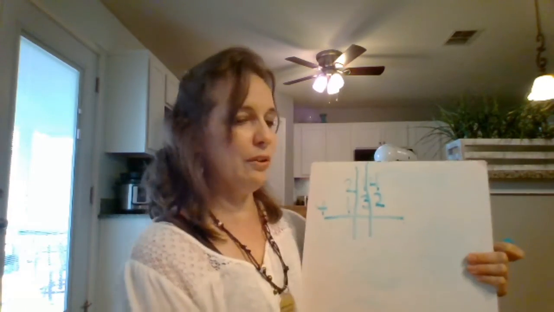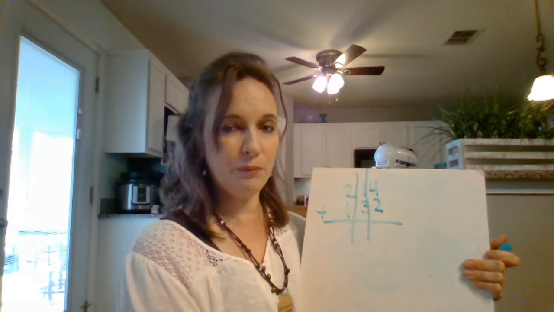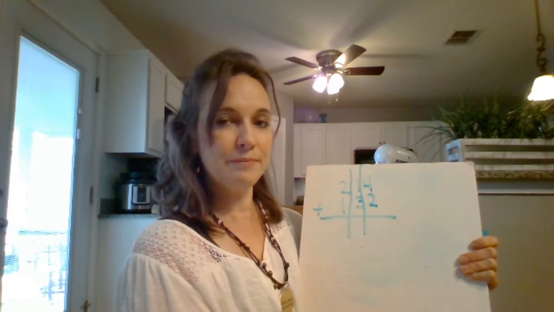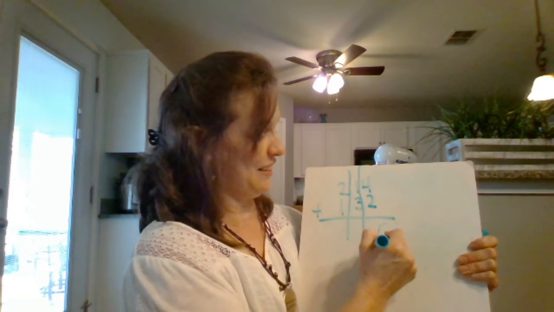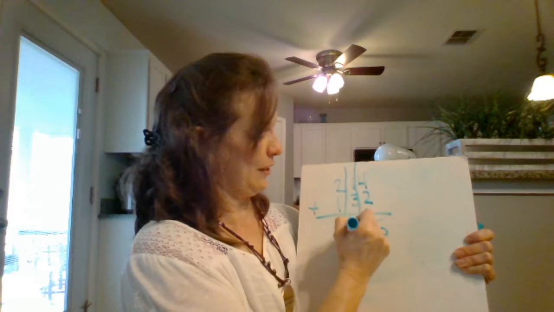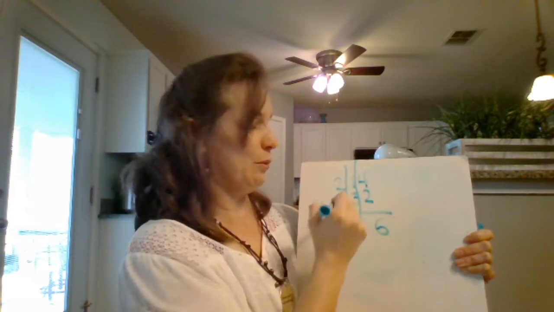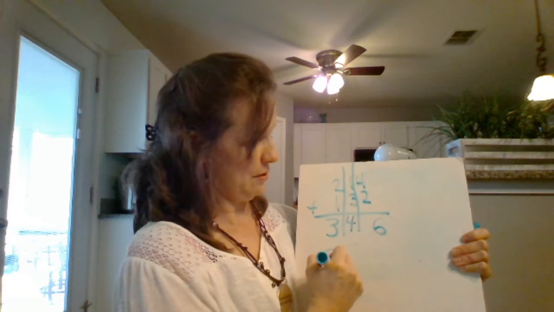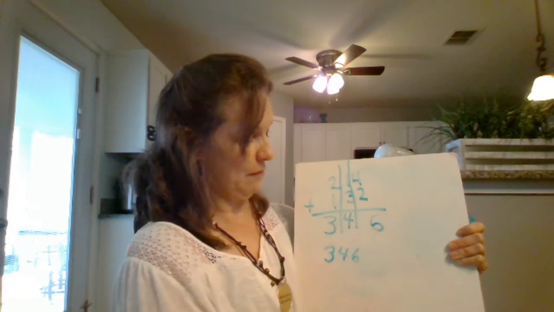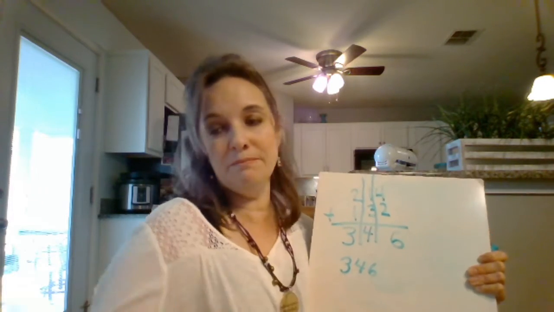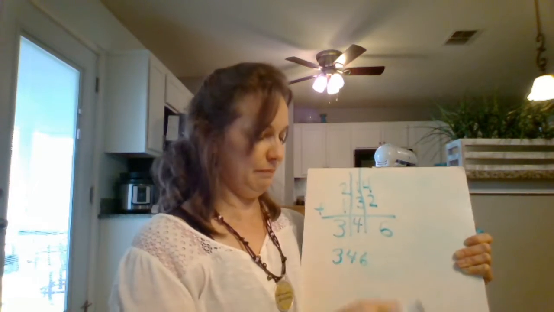What you have to do is you always start with your ones. 4 plus 2 is 6. Good job. 1 plus 3 is 4. 2 plus 1 is 3. So what is the number? 346.